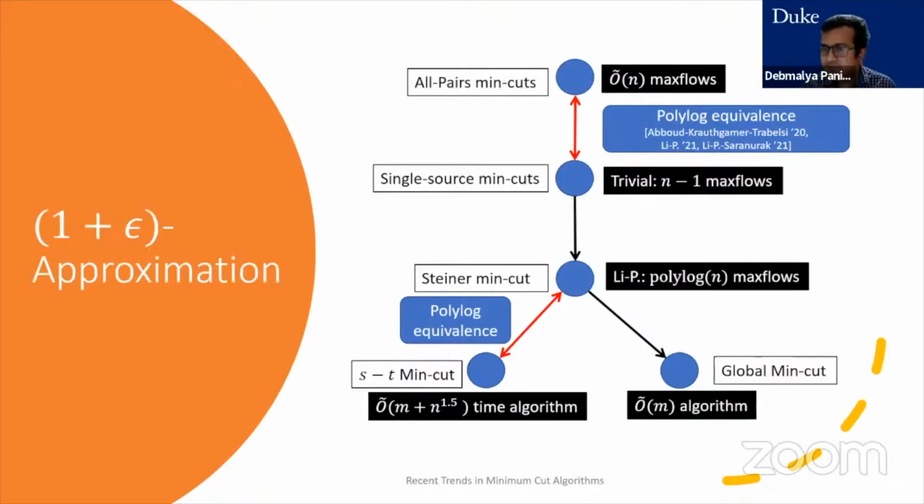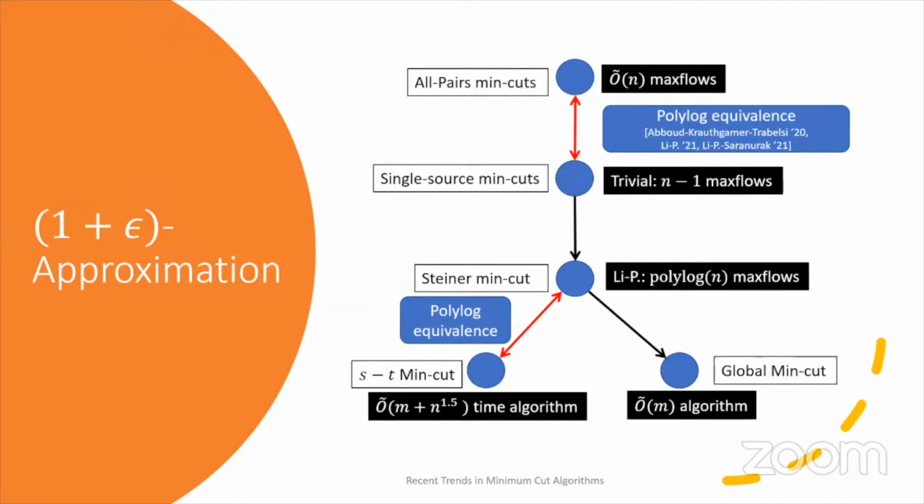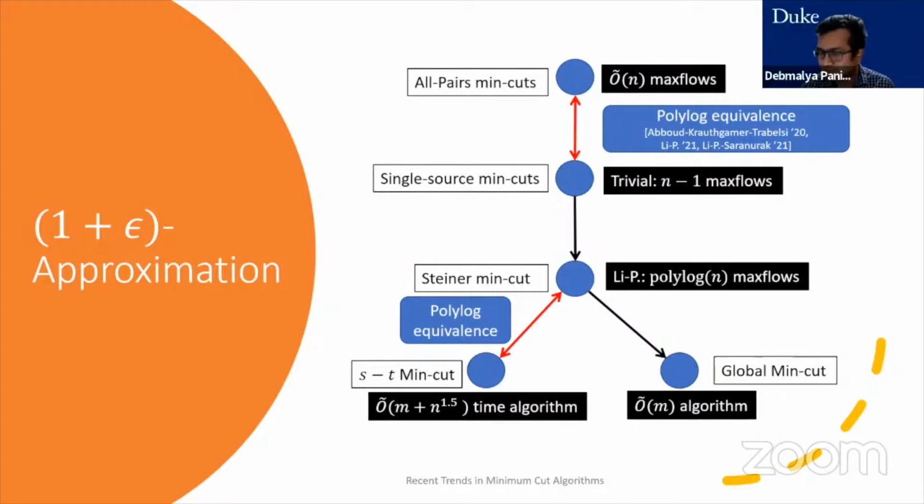Before I go further, I'm going to take a little bit of a detour, and I'm going to be talking about approximation algorithms. Remember I said that even if you allow approximations, we didn't know how to go beyond this n-1 max flow algorithm for any of these problems, for either single source or all pairs min-cuts.